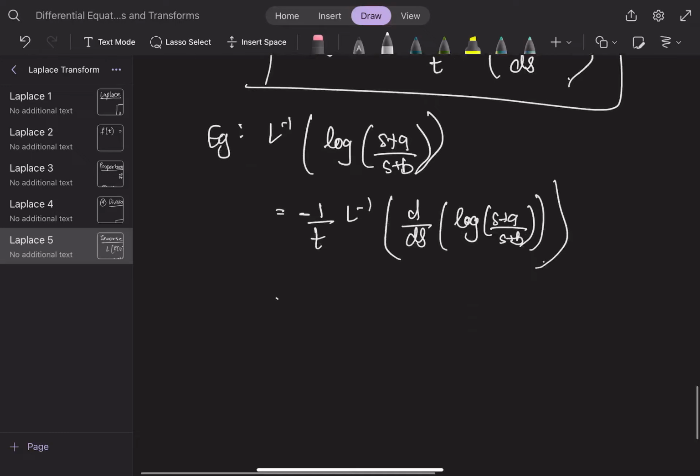So let's write this as d/ds of log (s plus a) minus log (s plus b).